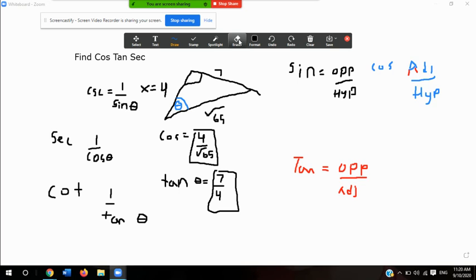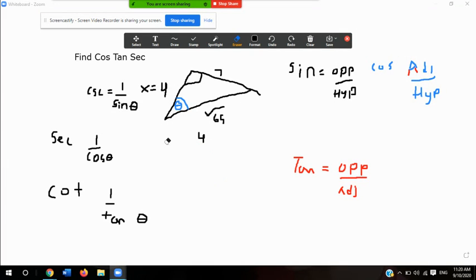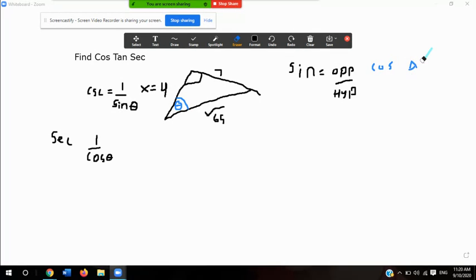Now I'm going to look for the secant, but I'm going to use a trigonometric identity. So I'm going to erase the extra information here that I don't need right now, so I can solve for the secant, which is the trigonometric identity that I want.